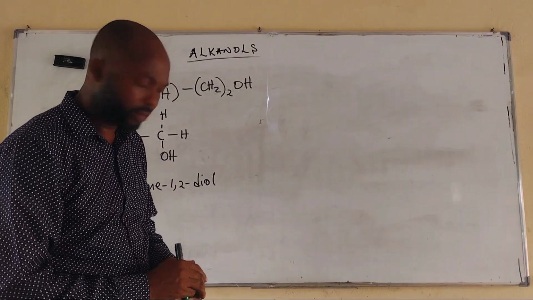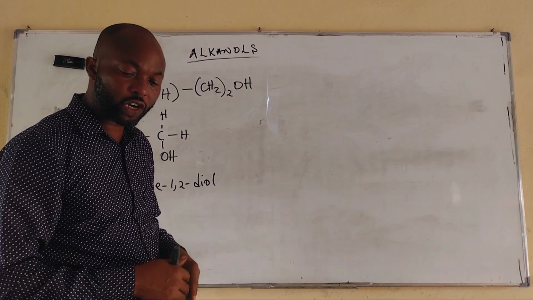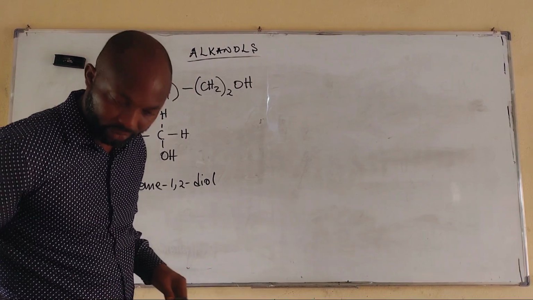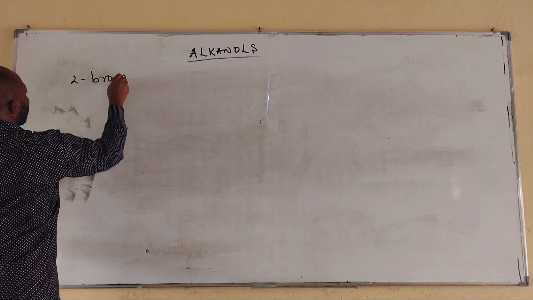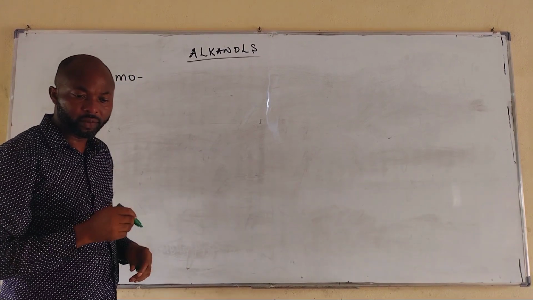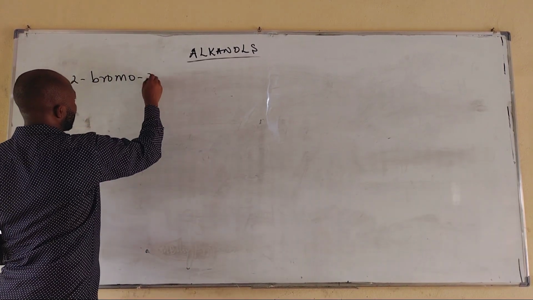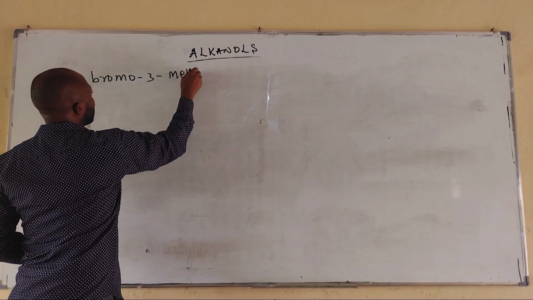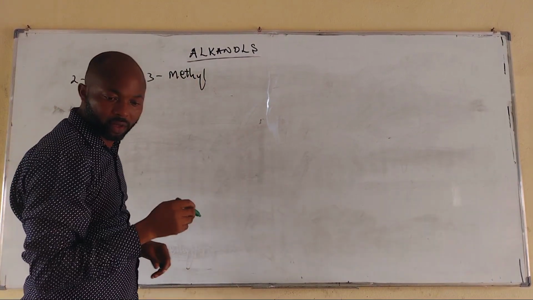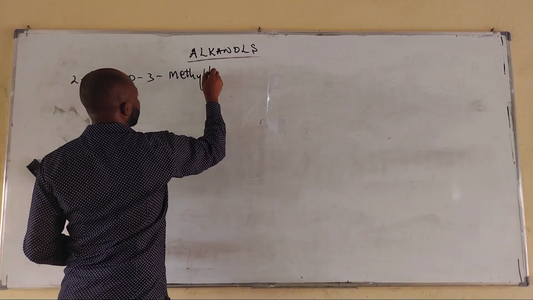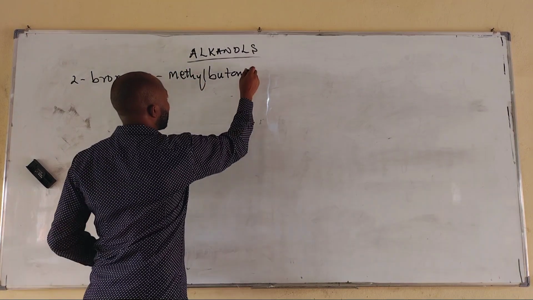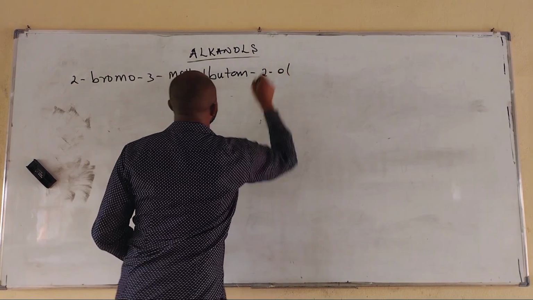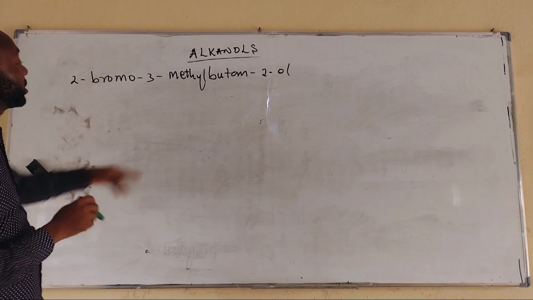Okay. Let's write the structural formula of the following. 2-bromo-3-methylbutan-2-ol. So our parent chain first is butane.